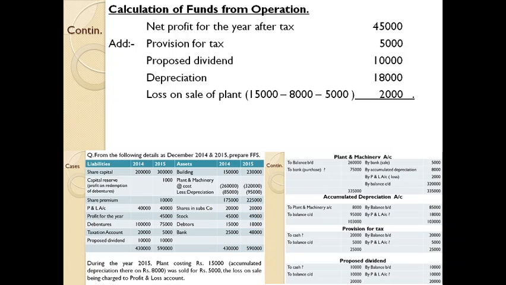Remember the order: intangible assets, preliminary expenses, miscellaneous expenses, discount on issue of shares and debentures. If any of these four items are found in the balance sheet, you need to take those items in the computation of fund from operation. Since there is no such information given in the question, you can go with the details which we have recorded now.